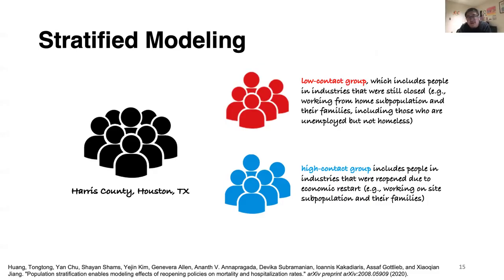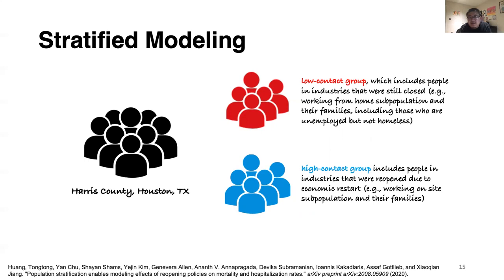stratify the area into different homogeneous regions, and the geographical area the author studied is Harris County in Houston, and they consider that people get infected either through family transmission or through social activities.